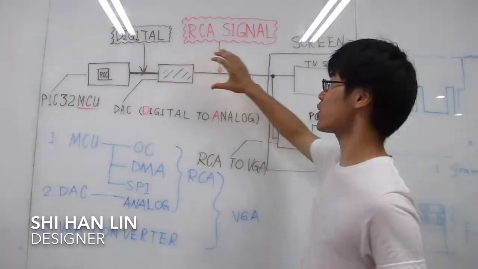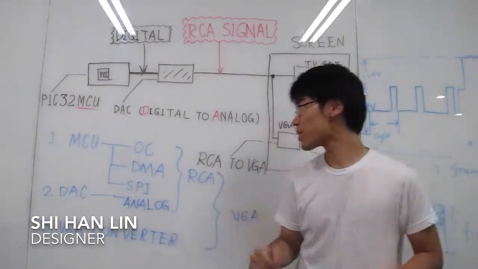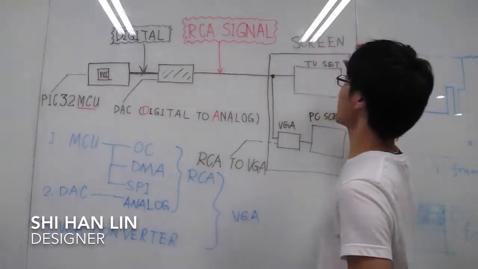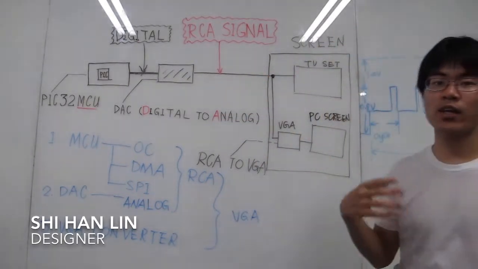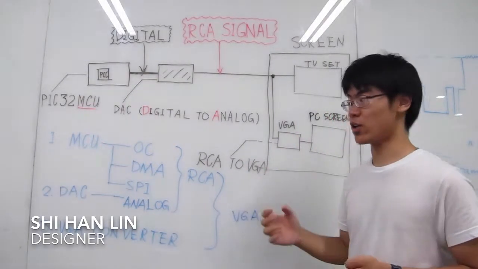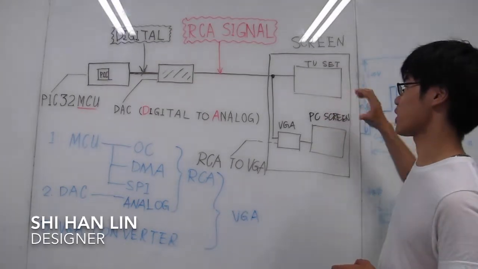After this circuit, we have a RCA signal, which is analog signal. This analog signal will be either displayed by a TV set directly, or it will be converted by a VGA converter and be displayed by another screen here.